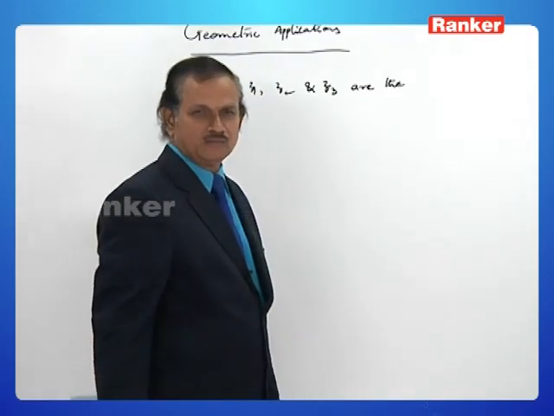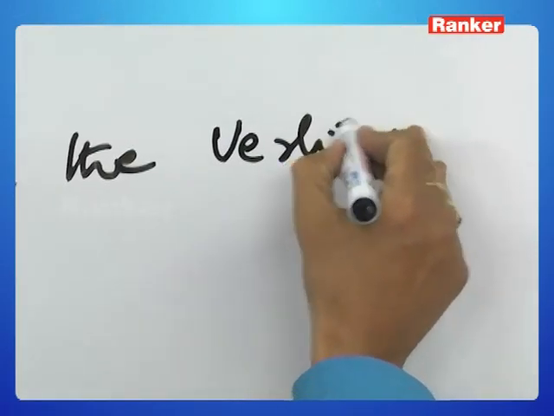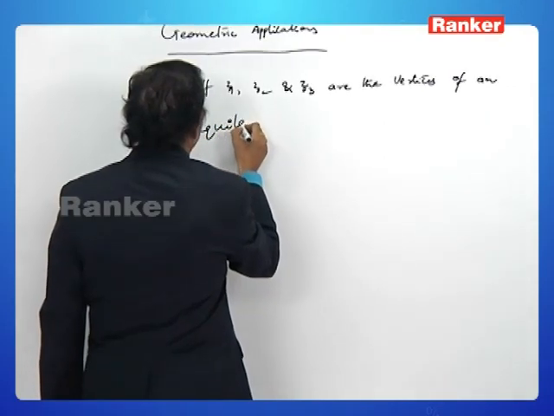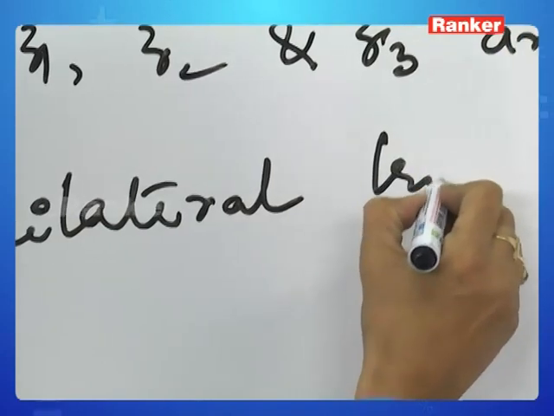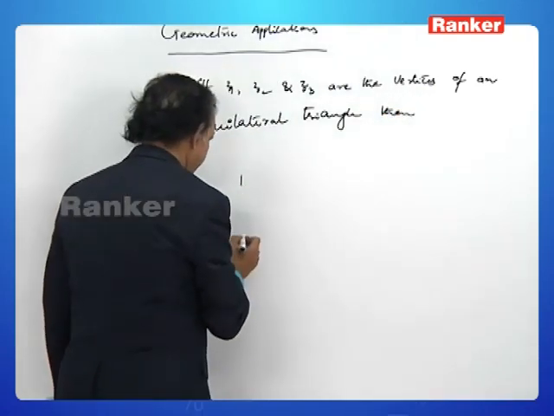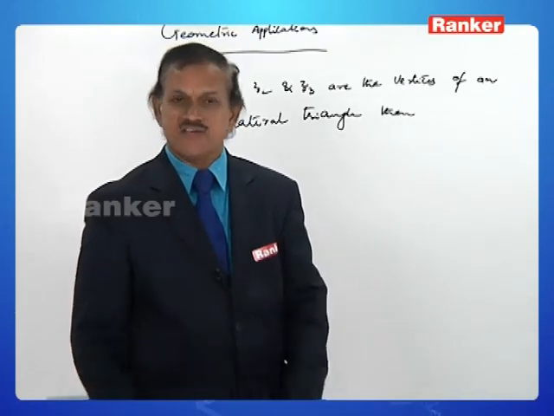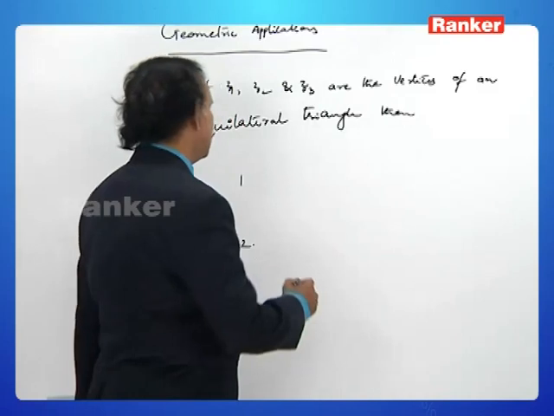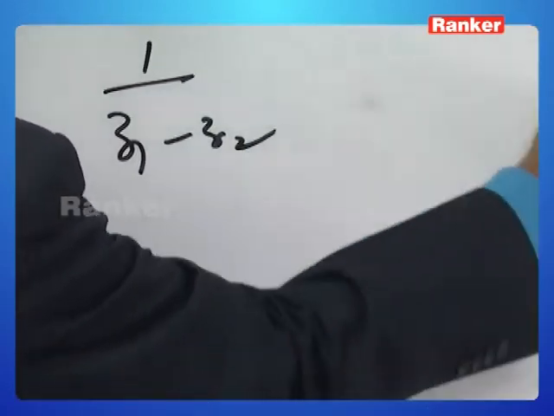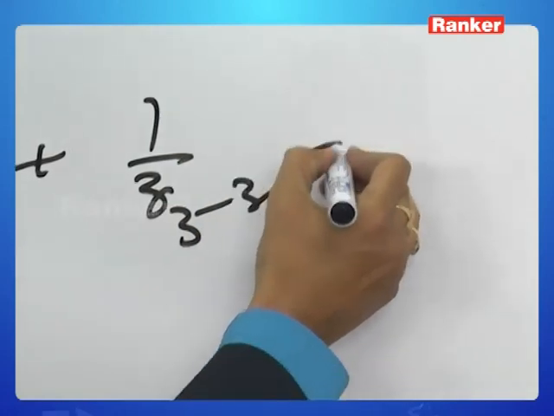If Z1, Z2 and Z3 are the vertices of an equilateral triangle, a symmetric result, a useful result, a famous result regarding the vertices of an equilateral triangle, we are going to learn: 1 by Z1 minus Z2 plus 1 by Z2 minus Z3 plus 1 by Z3 minus Z1 is equal to 0.